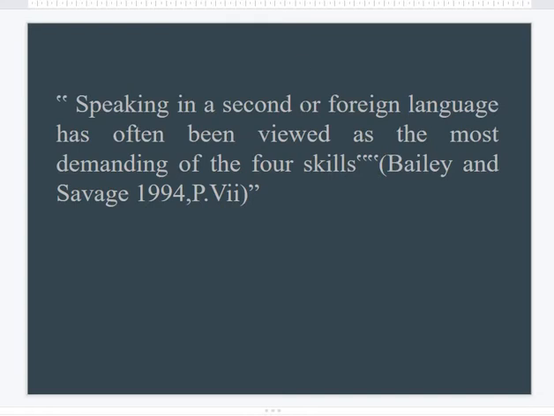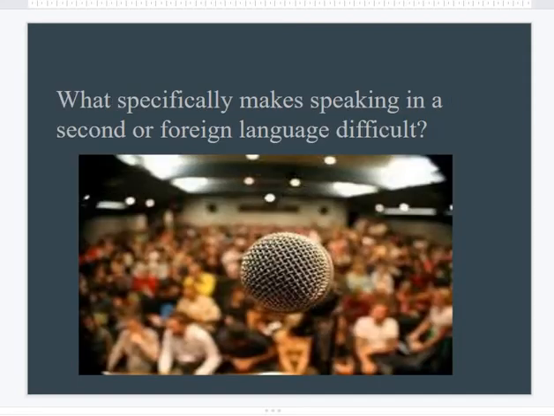That's why speaking in the second language is considered the most important skill. This is the skill which tells other people how competent you are in a particular language. If you're not fluent, if you cannot speak well, then it means you're not good at the language.